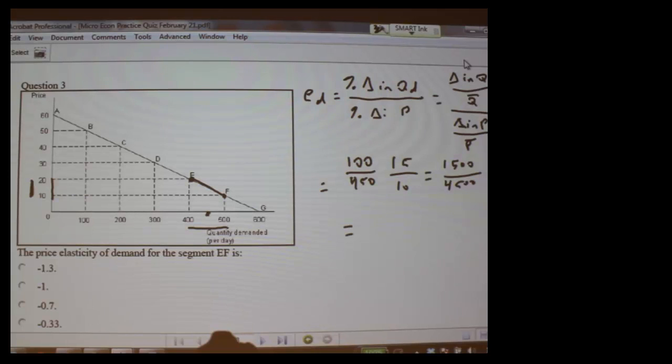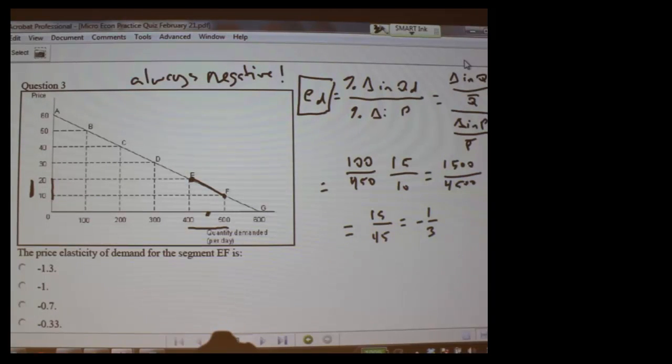You can chop off the zeros, and you see that's 15 over 45, and then simplify even further, and you see it's 1/3. But remember, it's negative 1/3. You should always remember that when we're talking about price elasticity of demand, it's going to be negative. Always. So it's negative 1/3 or negative 0.33.